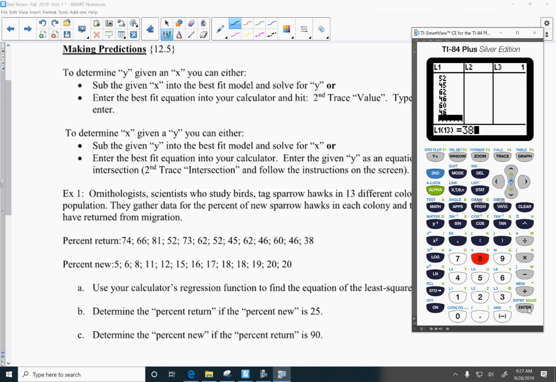And again, just be careful about data entry, because I've already typed in like 3 values incorrectly. All right, so my data's in.